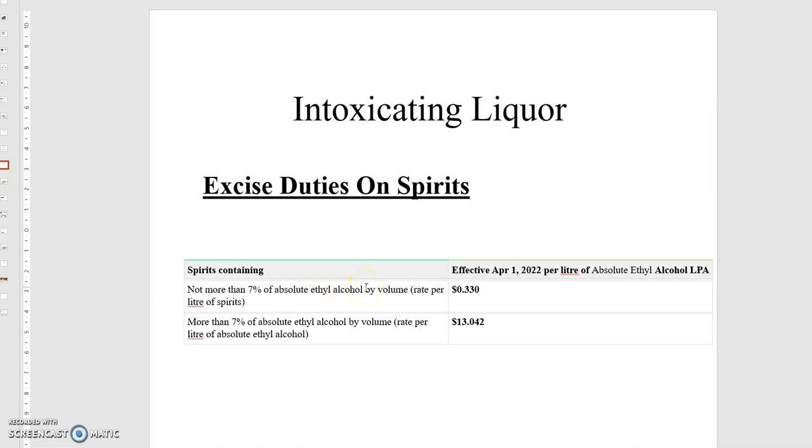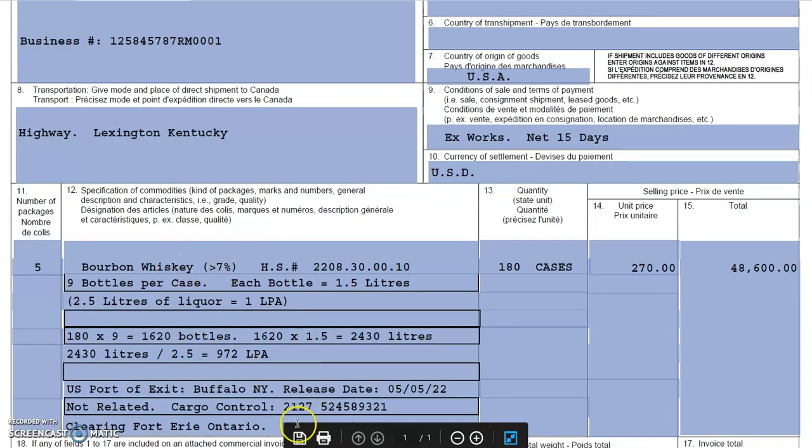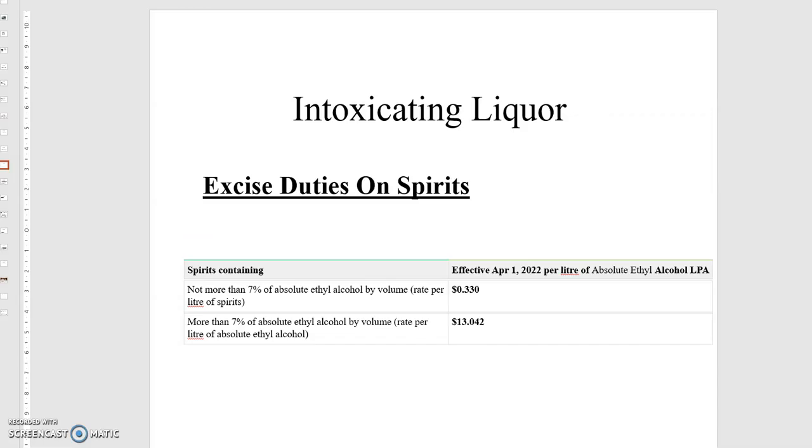That means the amount of liquid in the bottle that is alcohol is 7%. And then there's more than 7%, which is a very, very much higher excise duty rate. This particular one is greater than 7%, so the excise duty rate is going to be this highest one right here.